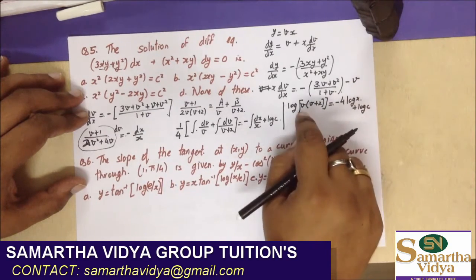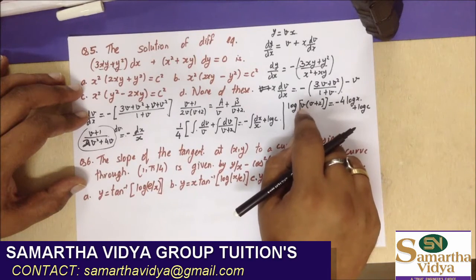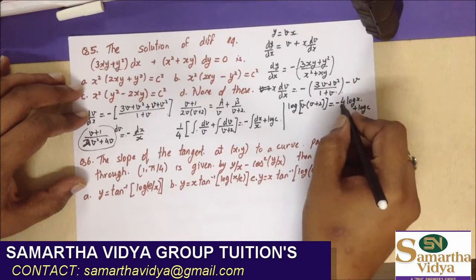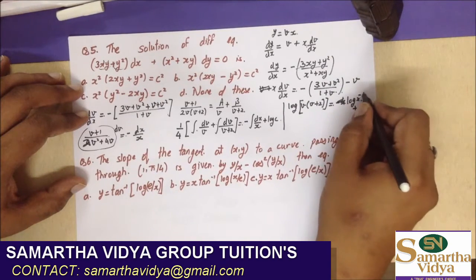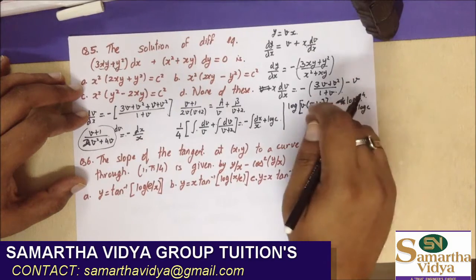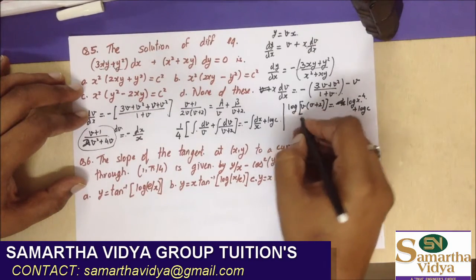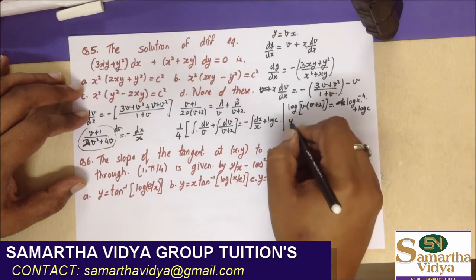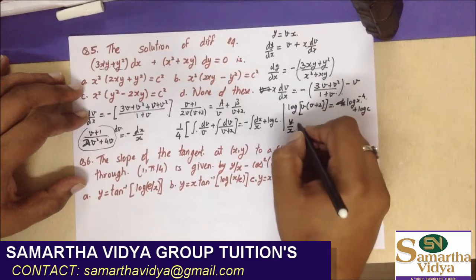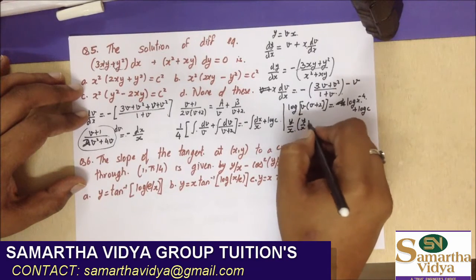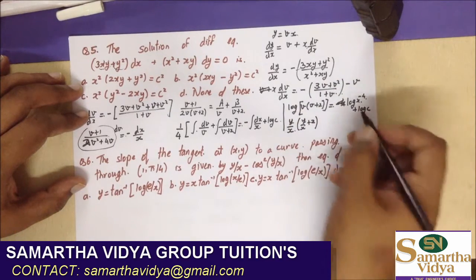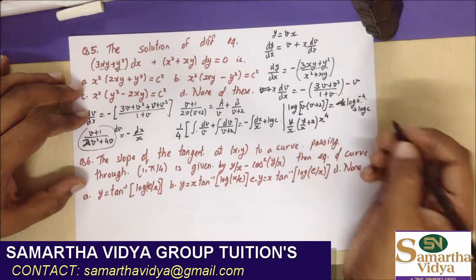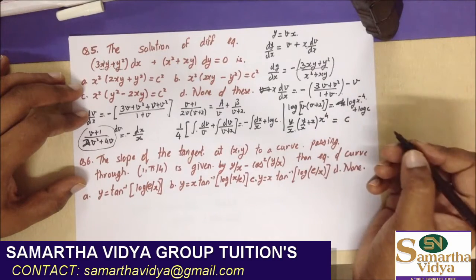Now we have to substitute what is v in this. We know v is y/x. Substituting that, this is going to be nothing but raised to minus 4, and we can take it on the other side. So substituting v as y/x, this becomes (y/x)(y/x + 2), and we will be having this term going on the other side, multiplied by x⁴, is equal to c.